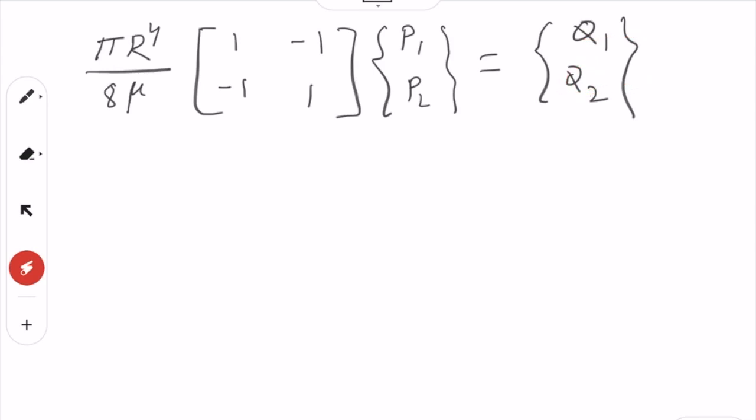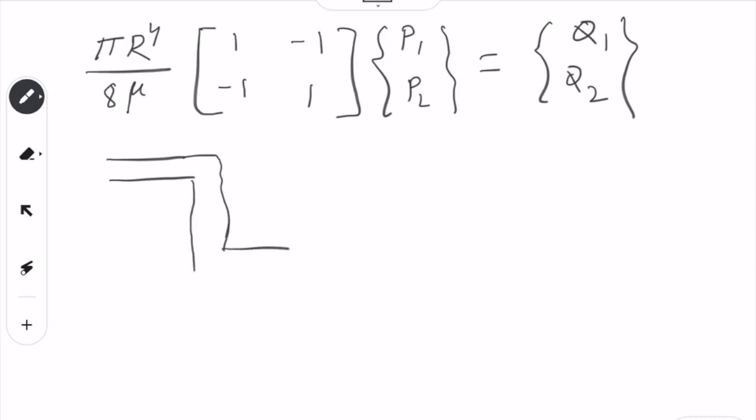Here also the example could be any kind. Let us say you have a pipe which is going like this, going up. Now you will have nodes 1, 2, 3, and then 4, 5, 6.